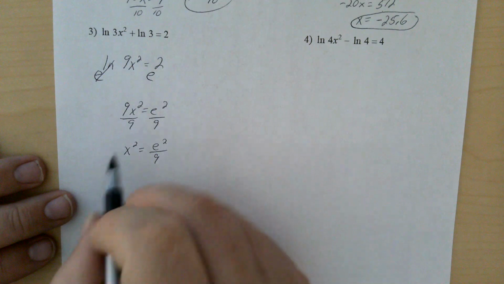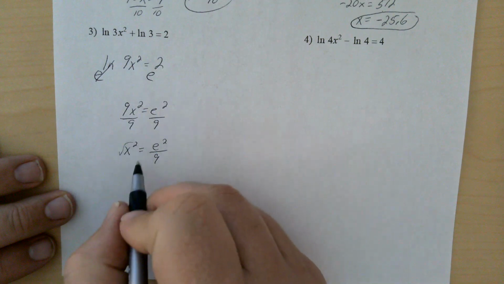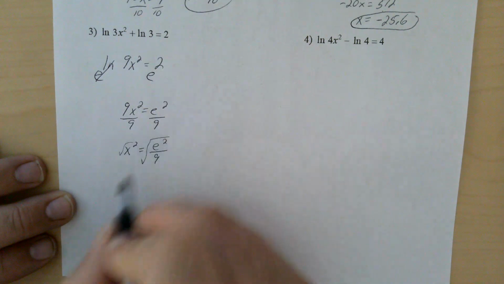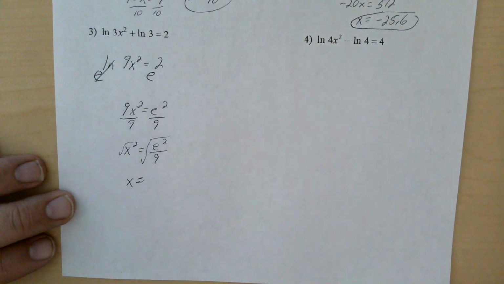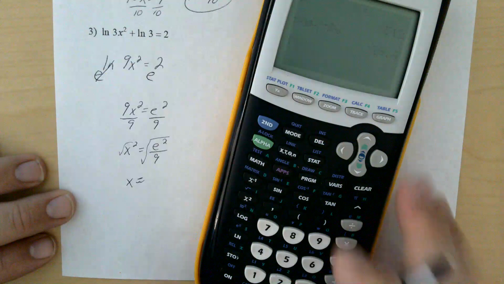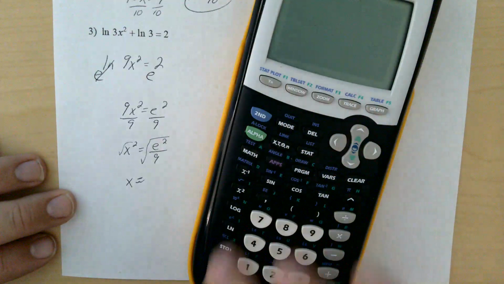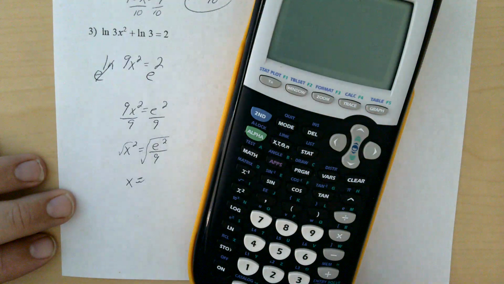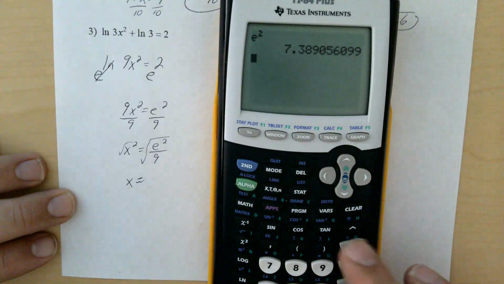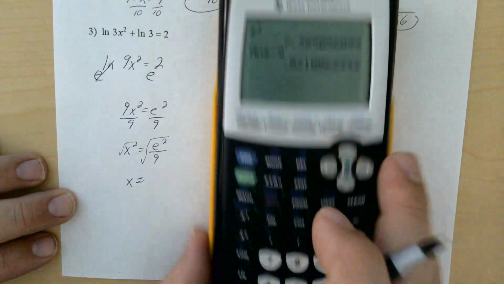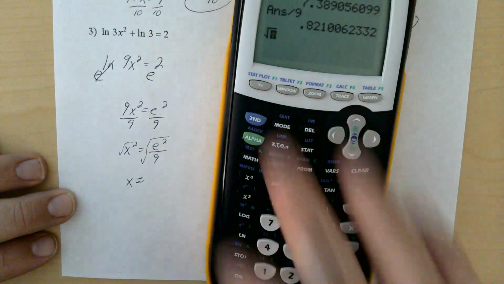And then my last move is to take the square root. Okay, so I can take the square root. And then I'm going to pick up my calculator, and I'll calculate e squared. I'm going to hit enter. So there's e squared. I'm going to divide by 9. And then I'm going to take the square root of that answer.